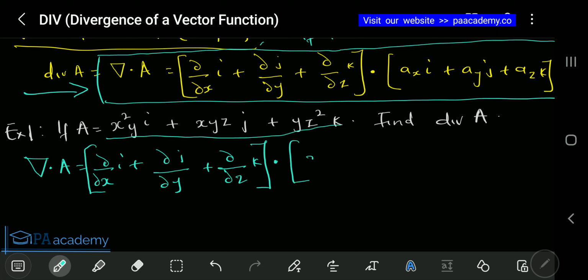The function we are given is x squared y i plus xyz j plus yz squared k.